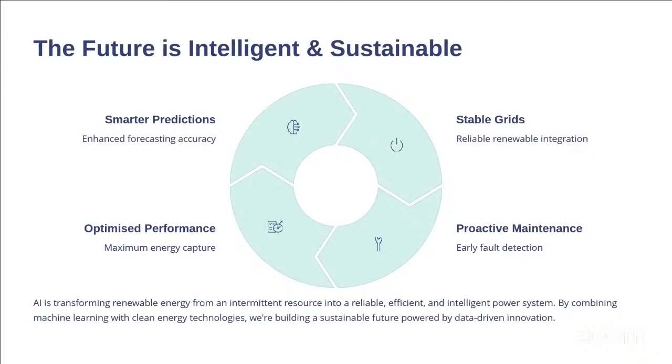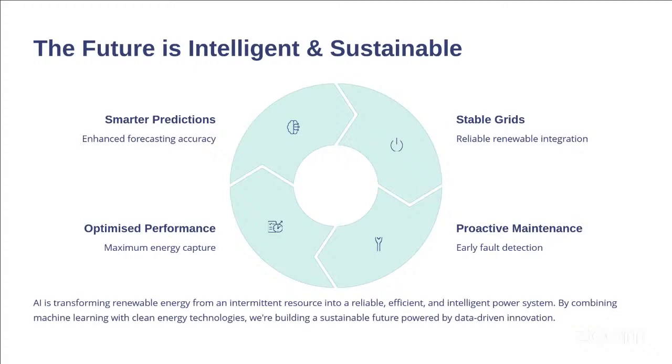Proactive maintenance means early fault detection: we can identify faults before they occur. That is proactive maintenance. And then optimized performance means that with minimum energy we can supply maximum power.